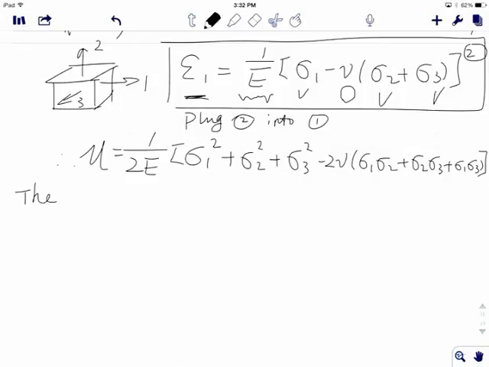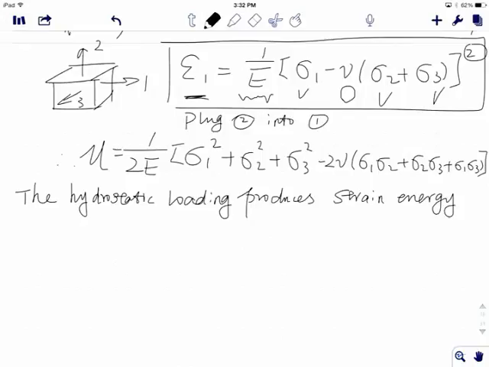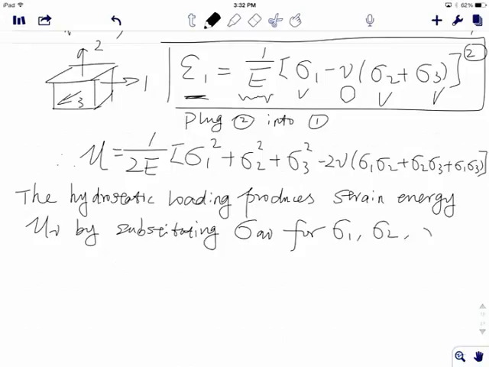And the hydrostatic loading, which is case B, produces strain energy UV by substituting sigma average for 1, 2, and 3.